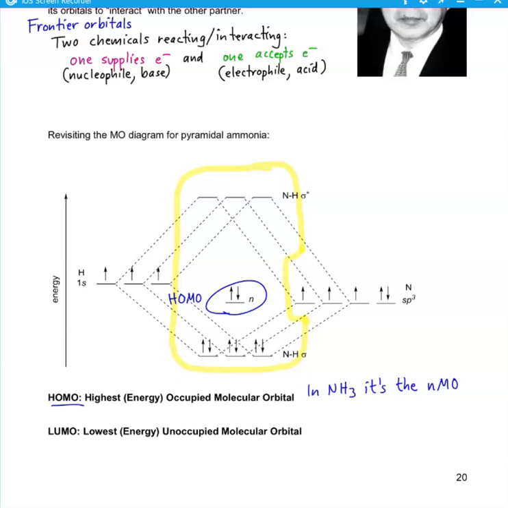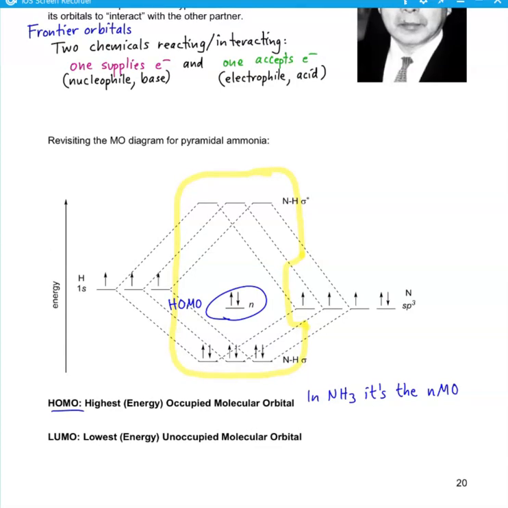Now the somebody else that's accepting the electrons is going to have an empty slot, an empty orbital, to accept those electrons into. Now if you're accepting electrons, you're going to try to put them into the lowest available empty slot you can. Now if it's ammonia that's doing this, its lowest available energy empty slot would be the NH sigma star.